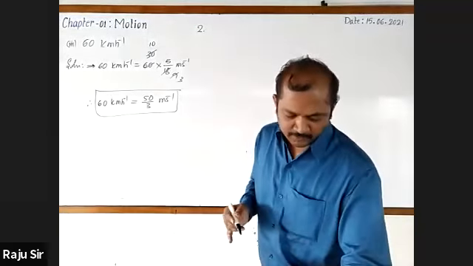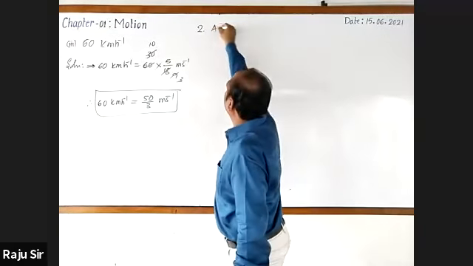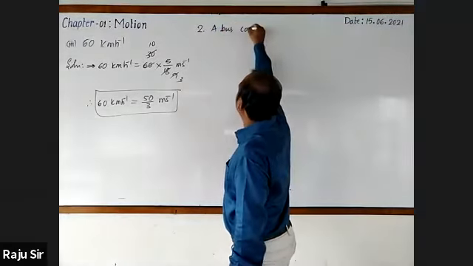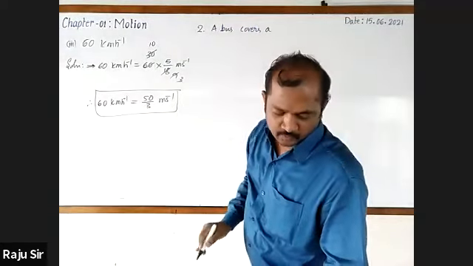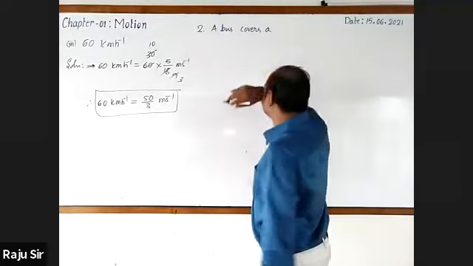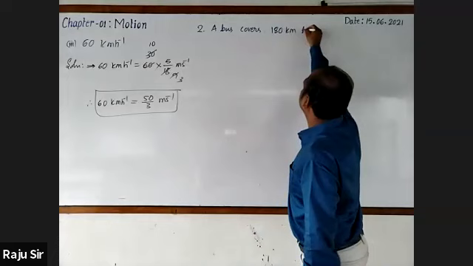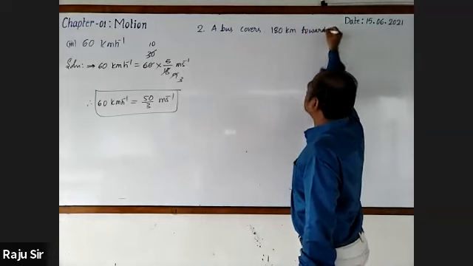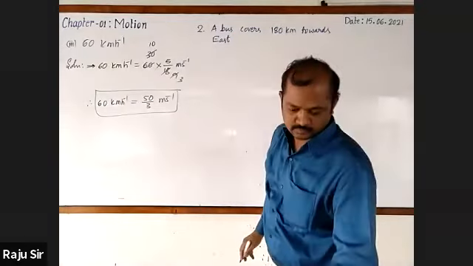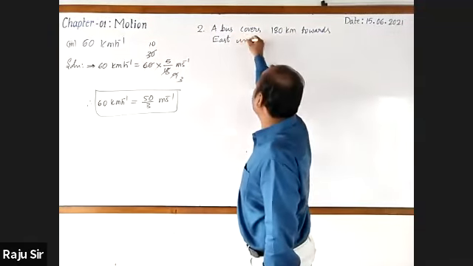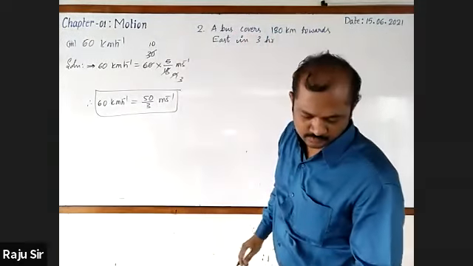First one, very simple. A bus covers 180 kilometer towards east in 3 hours.